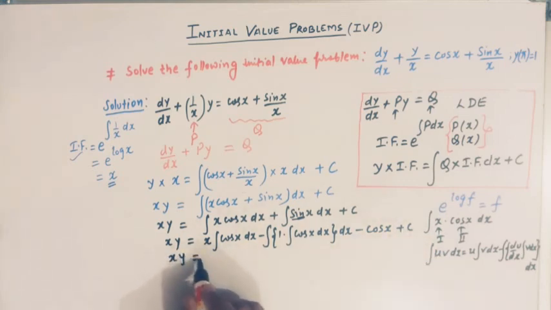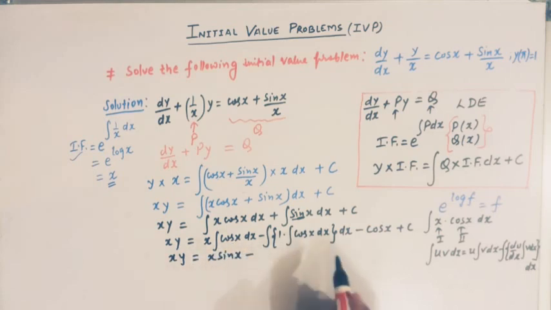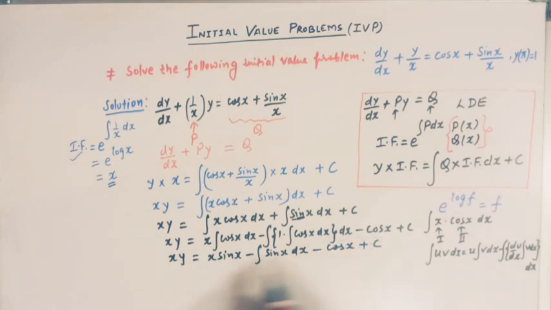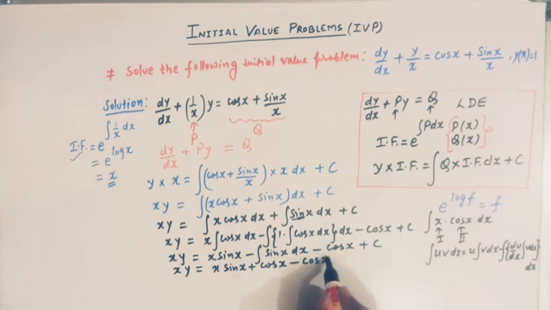Okay, now xy is equal to, the integral of cos x is sin x, so we have x sin x, and here we have the integral of cos x, so the integral of cos x is sin x, right? And dx minus cos x plus c, and we have xy is equal to x sin x, and the integral of sin x is minus cos x, so minus and minus get plus, so we have plus cos x minus cos x here, and plus c, right?